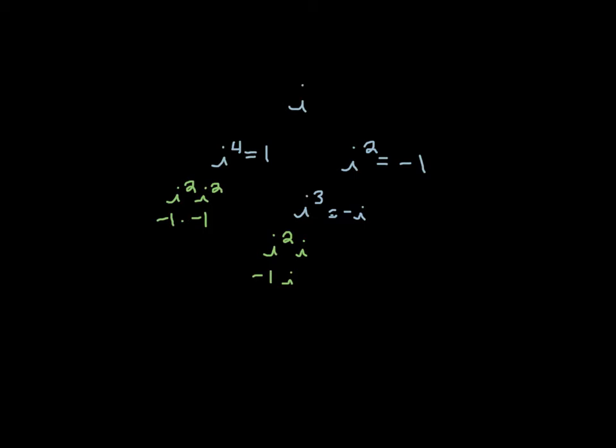So if I wanted to do a problem like I to the 47th, I want to say, what is I to the 47th? Well, knowing that after the fourth power they start to recycle, I can see how many times the fourth power goes into 47. So I'm going to do 47 divided by 4.